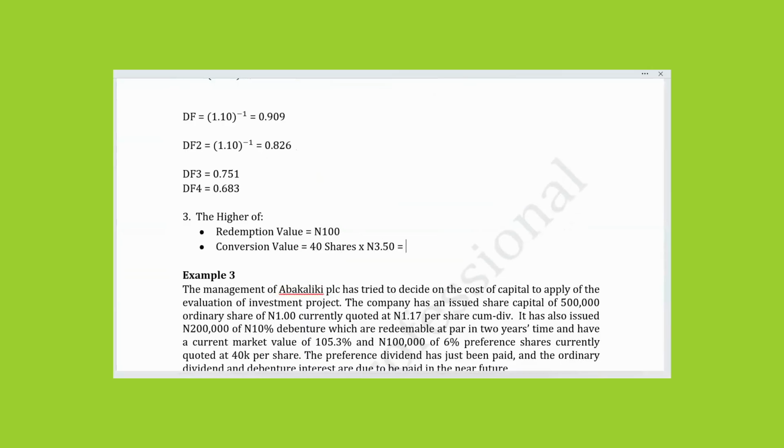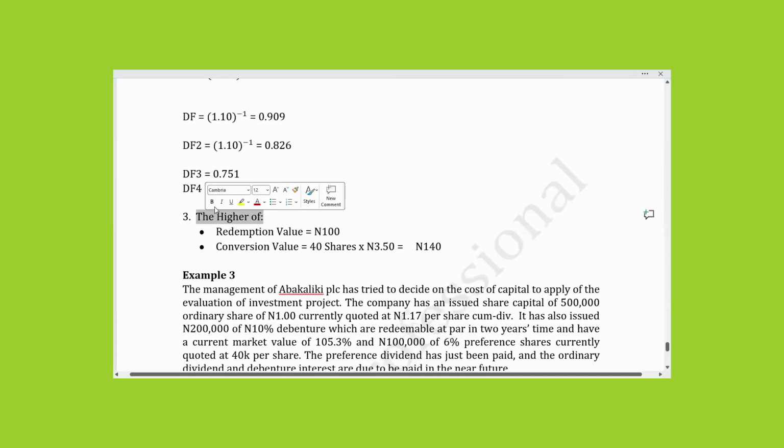This should give you 140 naira. So you then compare the higher of the two. Is it profitable? Of course, it is profitable because 140 naira is higher than 100 naira.